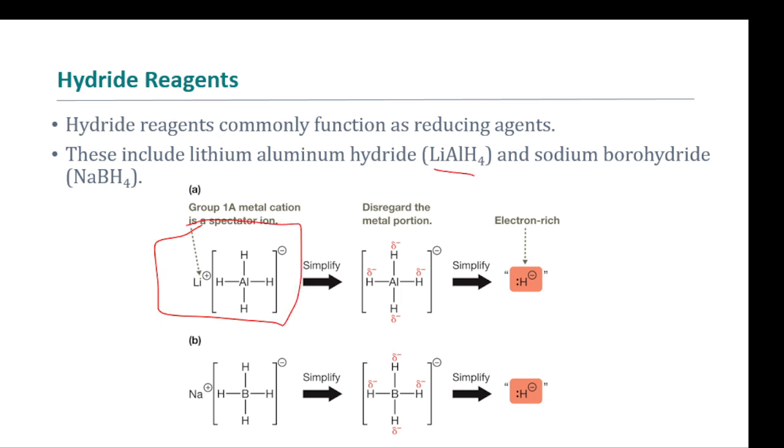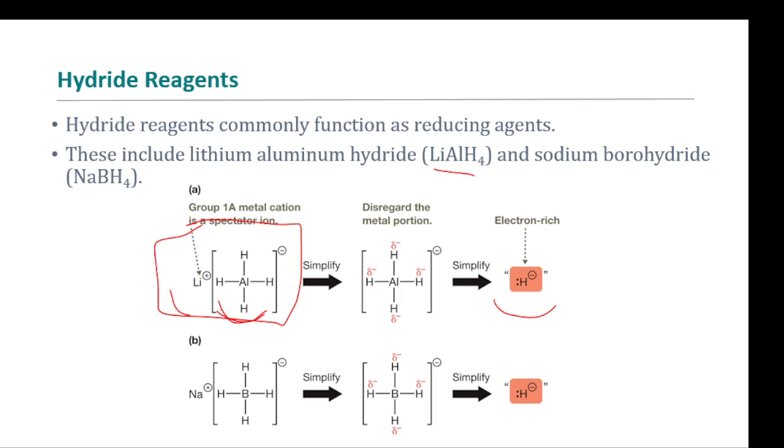And so what you're looking at here is the lithium is the counterion for the aluminum hydride, which has a negative charge. The aluminum is actually having its electron density pulled away from it by the hydrogens. One of those can then pop off, and that will actually be hydride, which is an H minus. Everybody see the H minus okay?